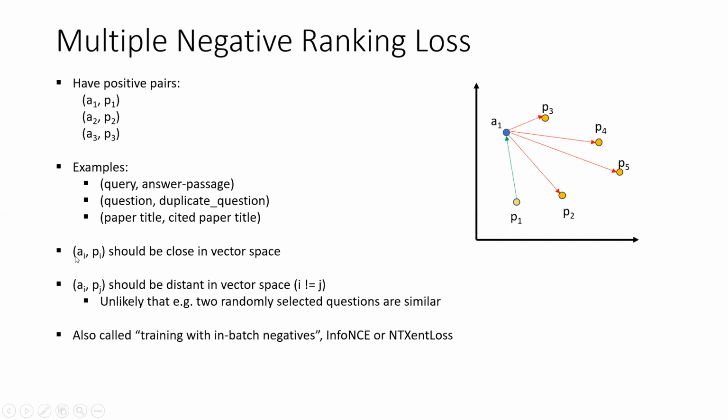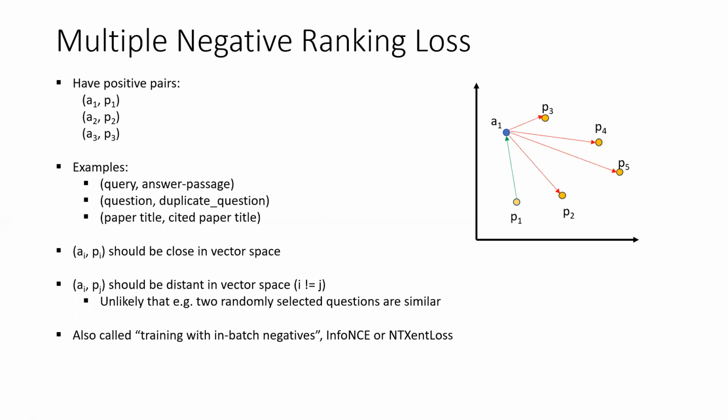What you want is that this pair, anchor and positive, should be close in vector space. So you want the query close to the answer in the vector space, or the question close to the duplicate question, or a paper title close to the paper it's citing. And if you randomly select pairs, so you take some query and a different answer, for example, then you want it far away in the vector space.